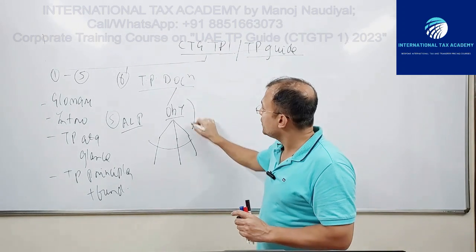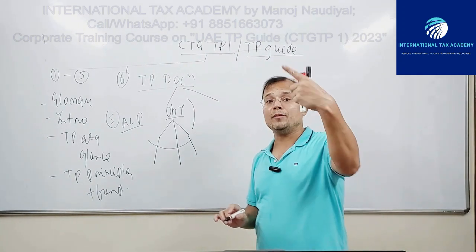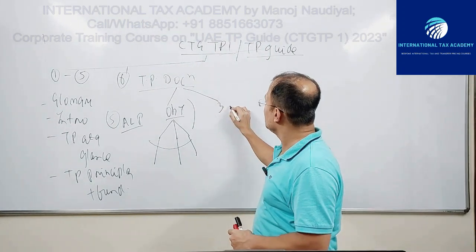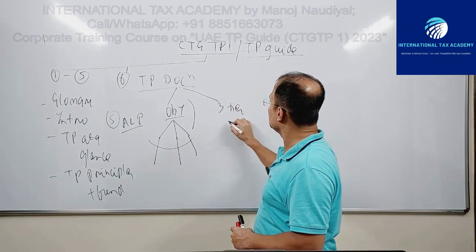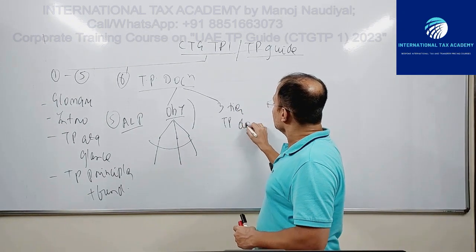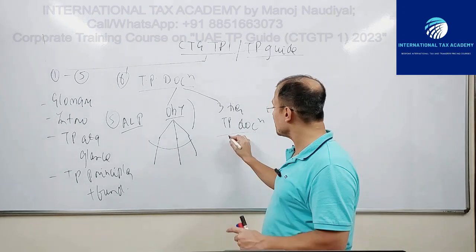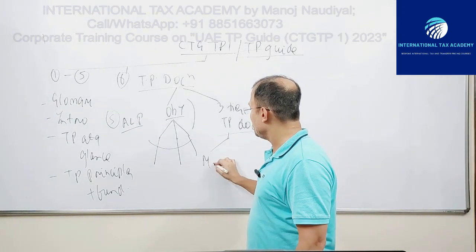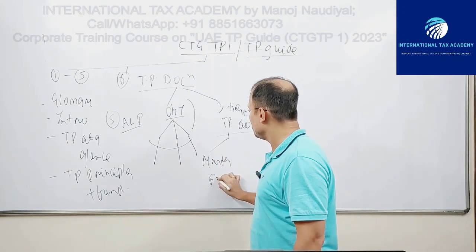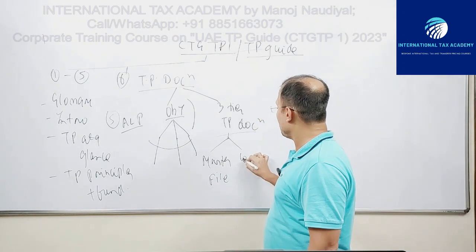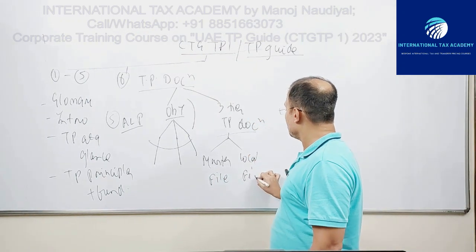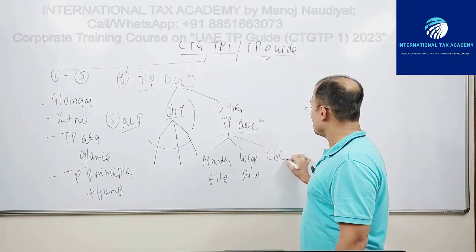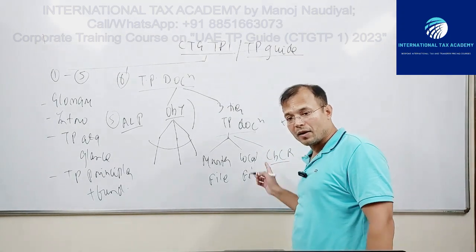With these 3 objectives, there is 3-tier TP documentation. The first is your master file, the second is your local file, and the third is your CBCR, the country by country report.